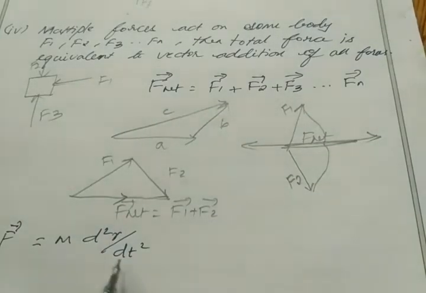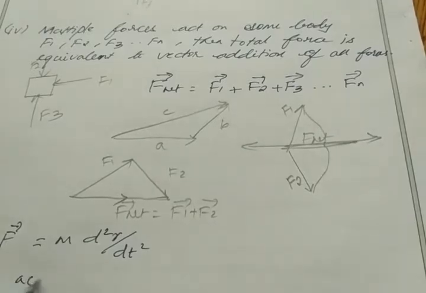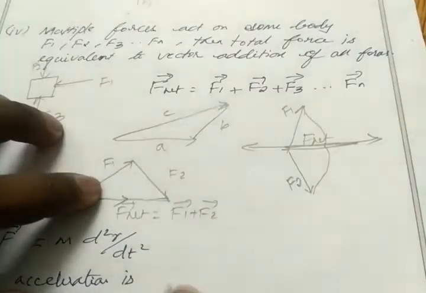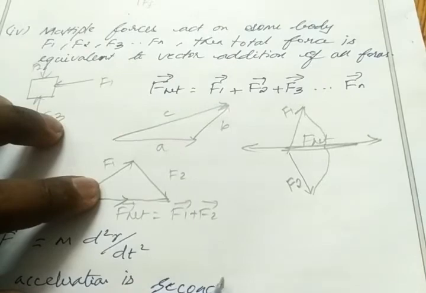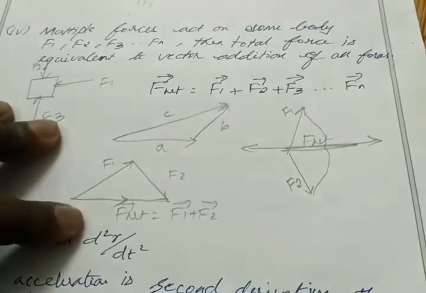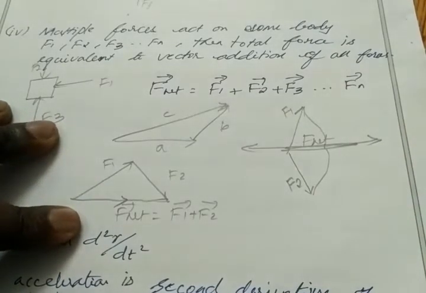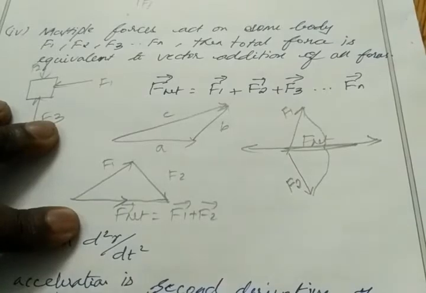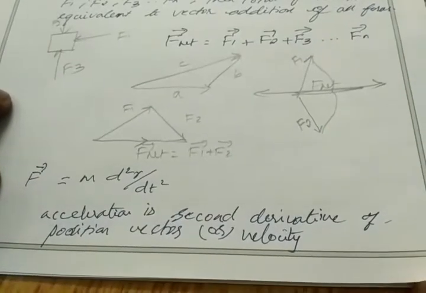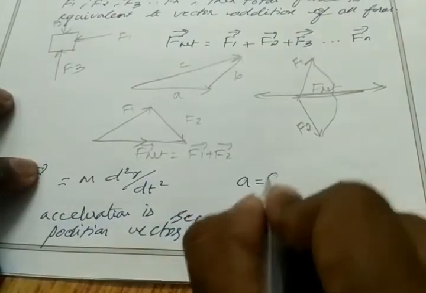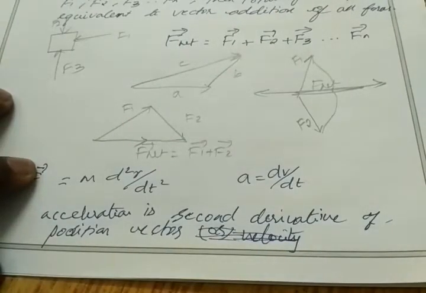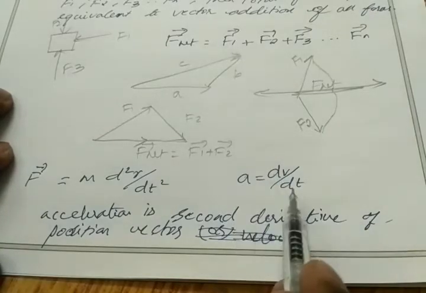Here acceleration is the second derivative of the position vector, or displacement. Acceleration means change in velocity with respect to time.